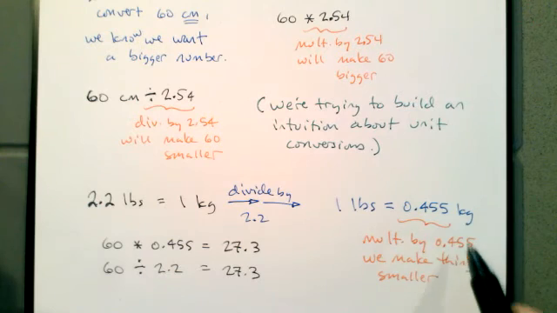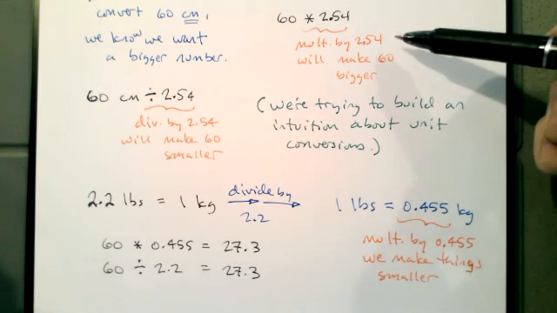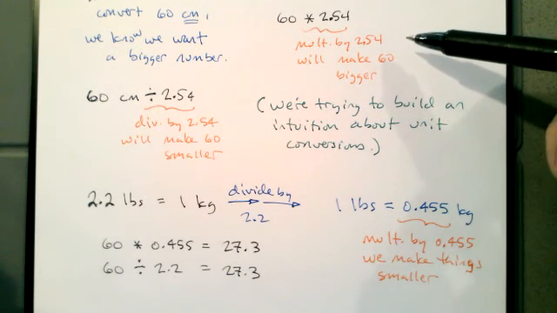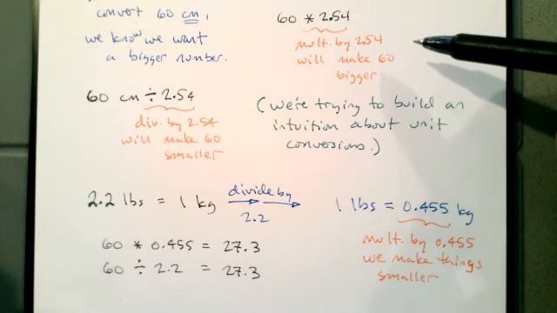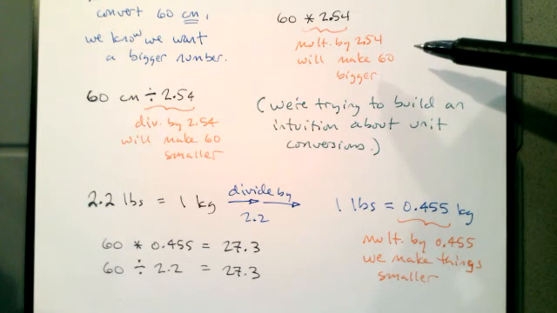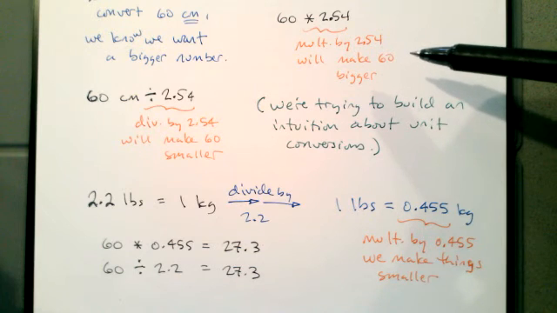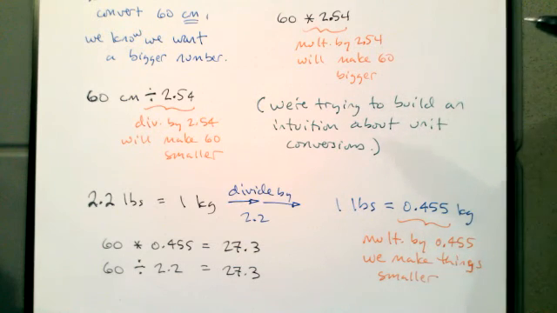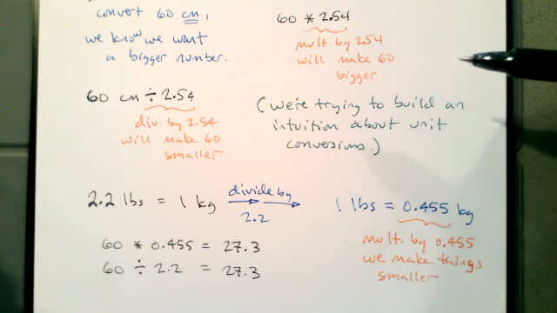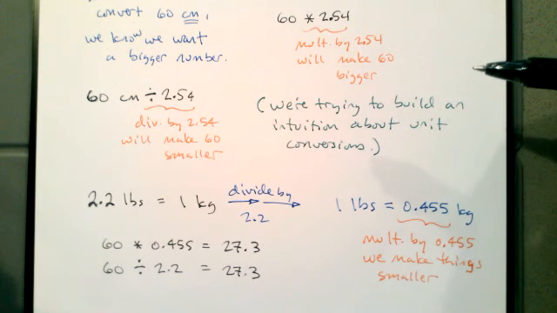So when we multiply by a number less than 1, we make things smaller. When we multiply by a number bigger than 1, we make things bigger. That makes sense because when we multiply by 1, we don't do anything. It stays the same. 1 is in the middle of multiplication. Multiply by bigger than 1, things get bigger.